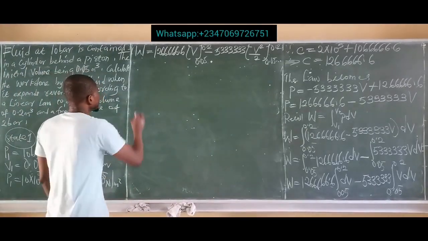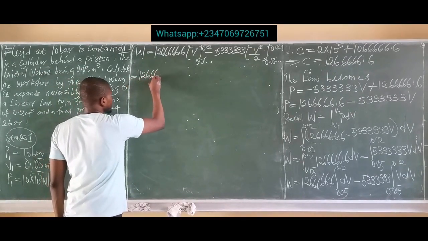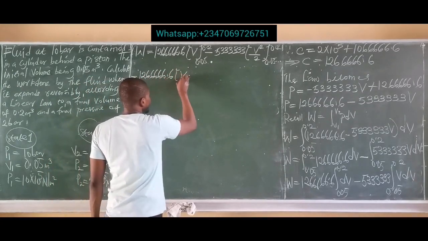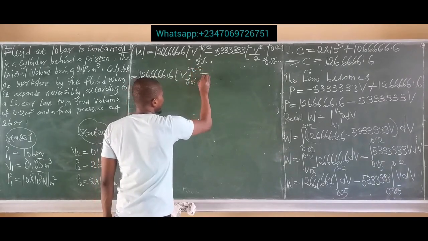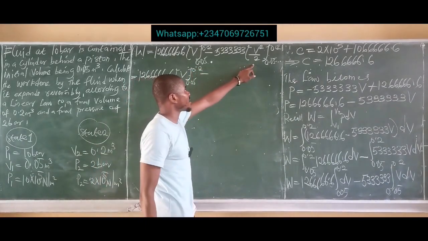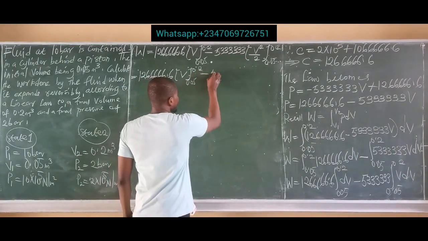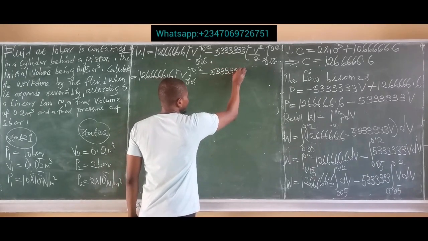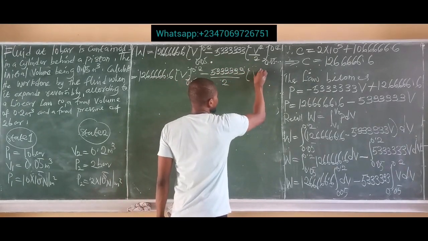All right, so this is equal to 12666.6 into V into 0.05, 0.2 minus, now let's pull out these two so that I will have only V left in the bracket. This gives me 5333333 divided by 2 into, I'm now left with V squared.